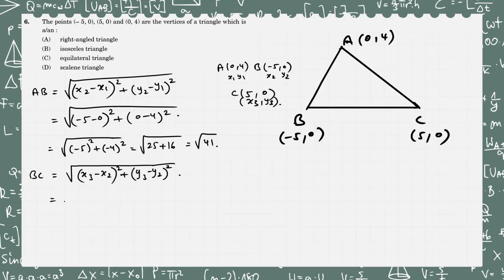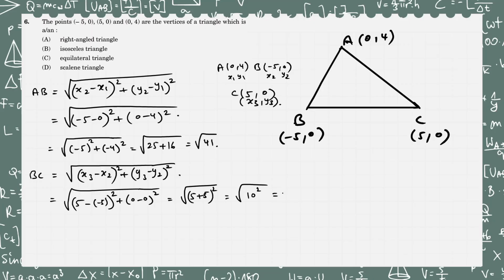And that will be root of 5 minus of minus 5 whole square plus 0 minus 0 whole square, which is root of 5 plus 5 whole square. 0 minus 0 is 0 only, so leave it. So this will be root of 10 square, which is root of 100.